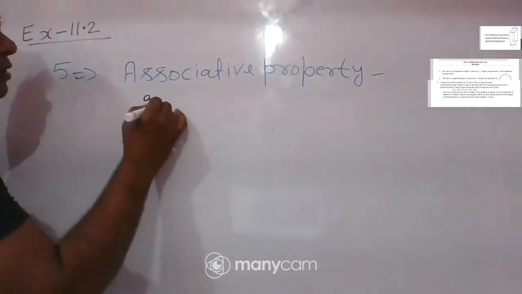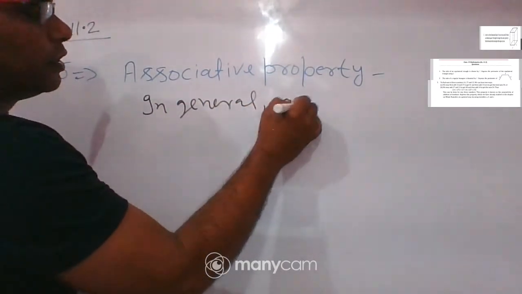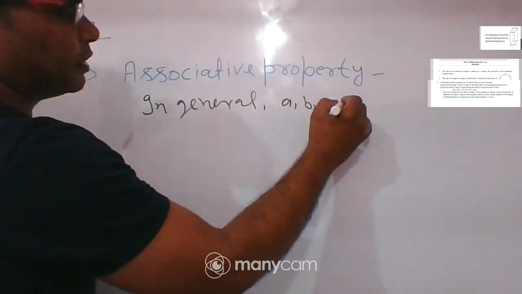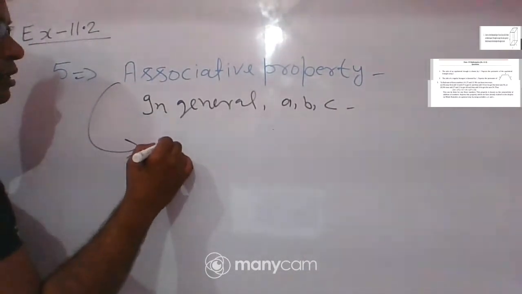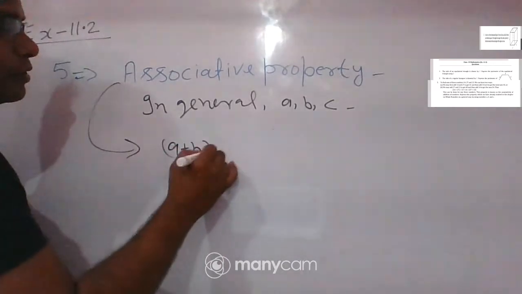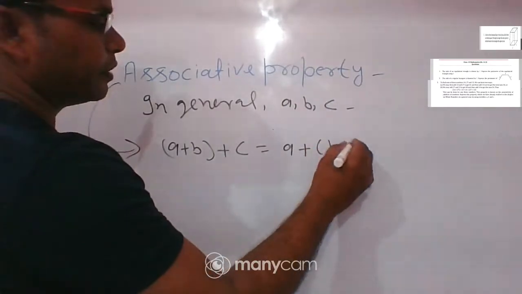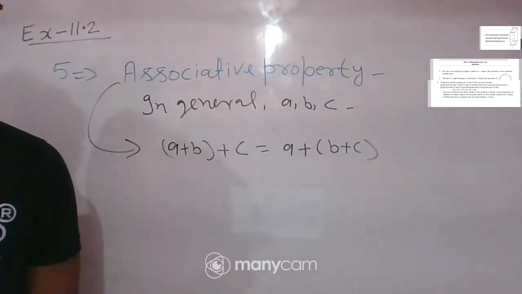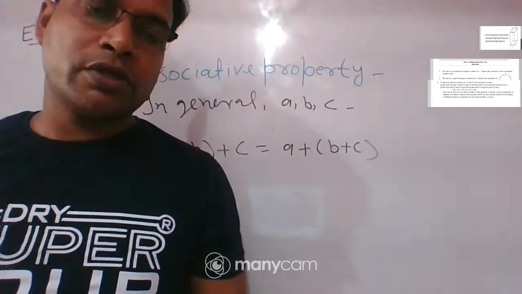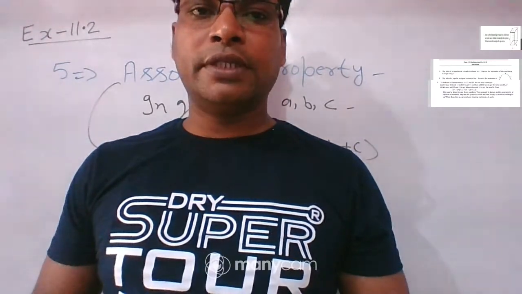In general, if a, b, c are given, then the associative property is: a plus b, plus c, is equal to a plus, b plus c. So students, in this way we completed exercise 11.2 of this chapter, Algebra.